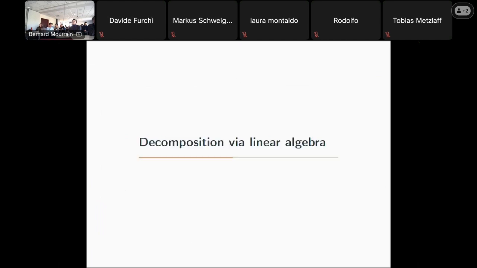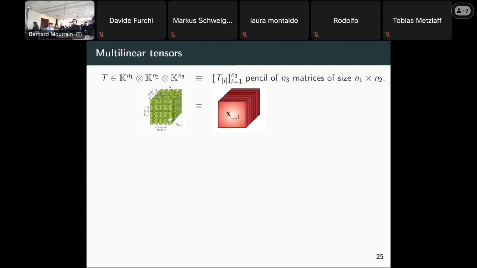Okay, so we will find this decomposition via linear algebra, always using simple linear algebra tools. So for multilinear tensors, this is the tensor, a volume of values.